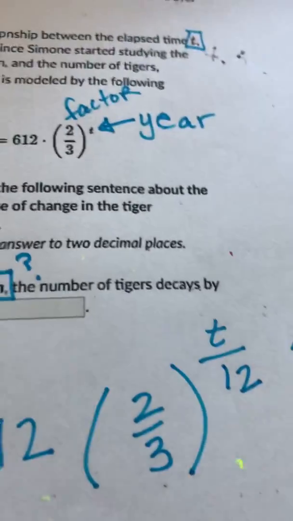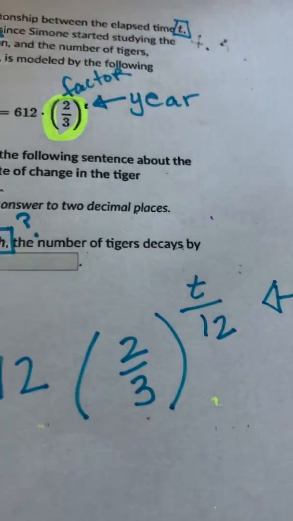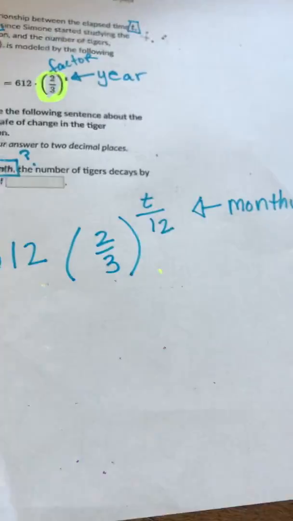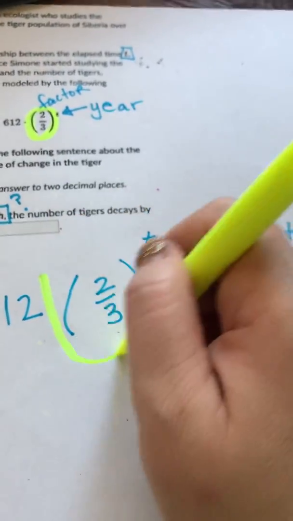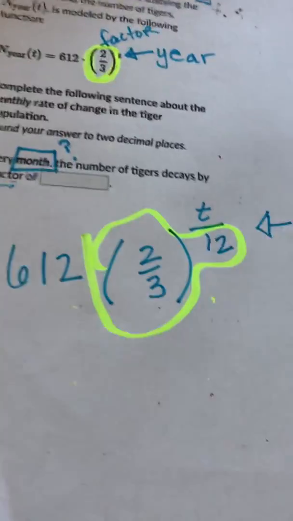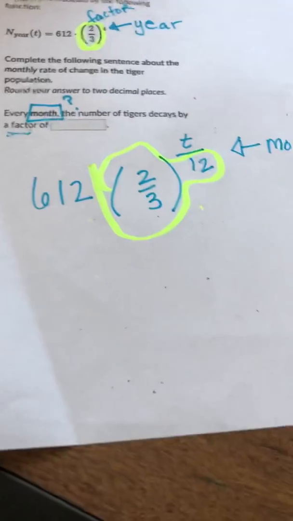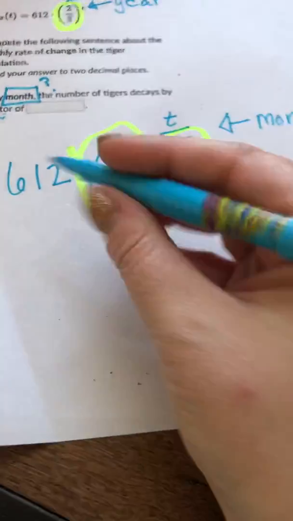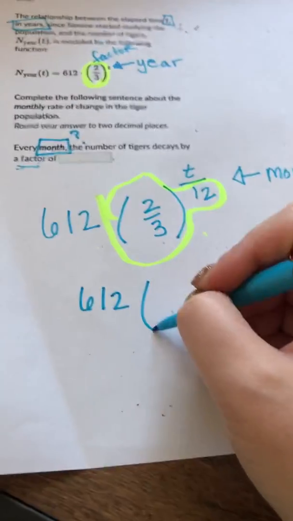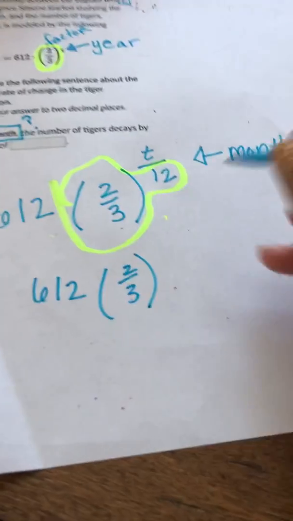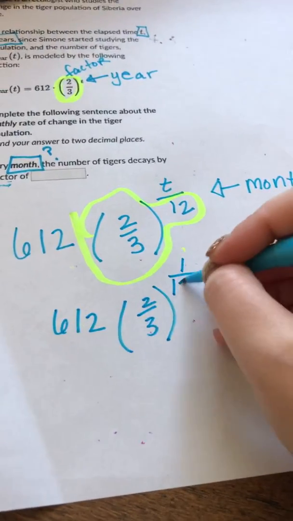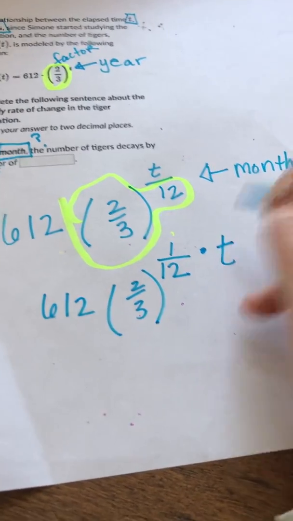If it asks for the factor yearly, you type in 2/3. But for us, our factor is 2/3 to the divide by 12. Remember on the last problem, this is like 612 times 2/3, and you can separate that divide by 12 into 1 over 12 times t.